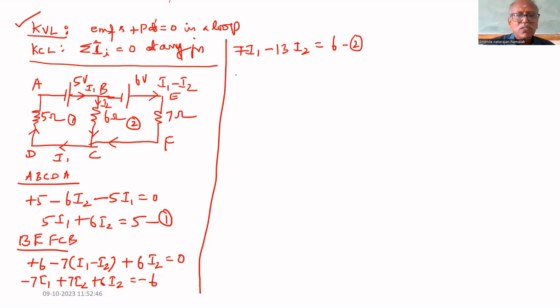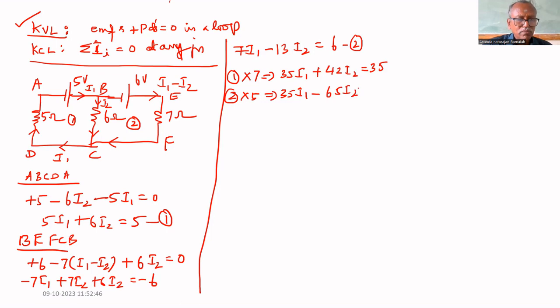So first equation multiplied by 7: 35 I1 plus 42 I2 equal to 35. Second equation multiplied by 5: 35 I1 minus 65 I2 equal to 30.